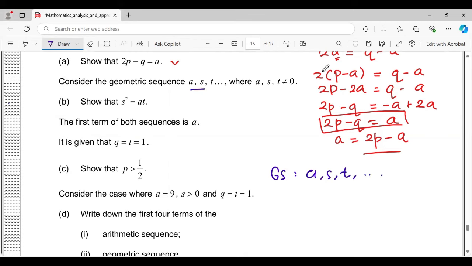According to this information, the ratio equals s over a.